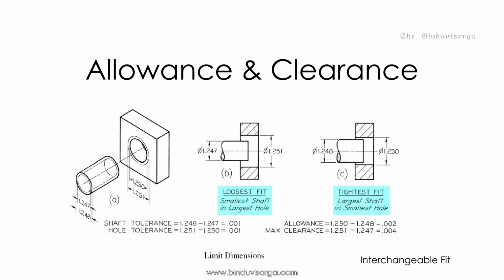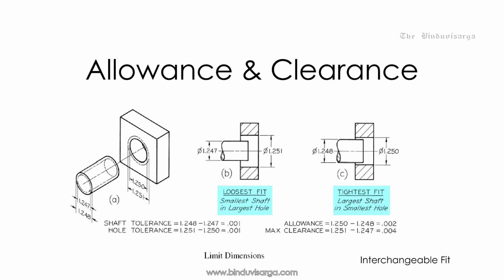Now, in the loosest fit, that means we will use the smallest shaft, that is 1.247, and the largest hole, that is 1.251. In the tightest fit we will have the largest shaft, that is 1.248, and the smallest hole, that is 1.250.